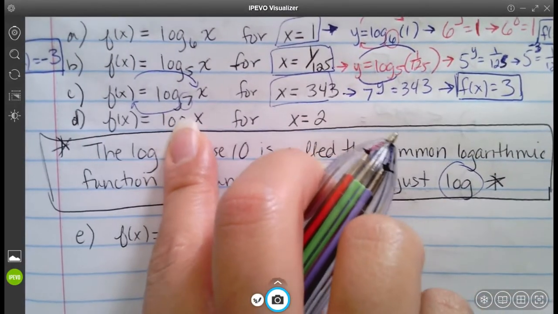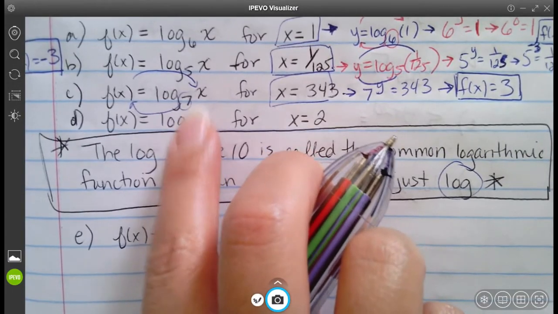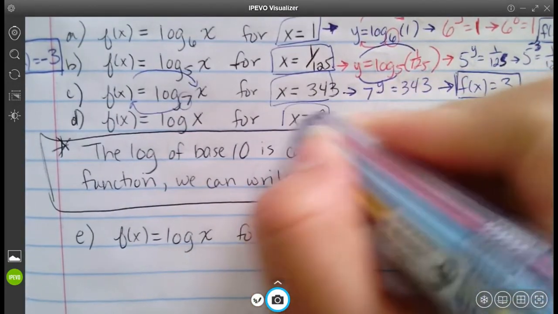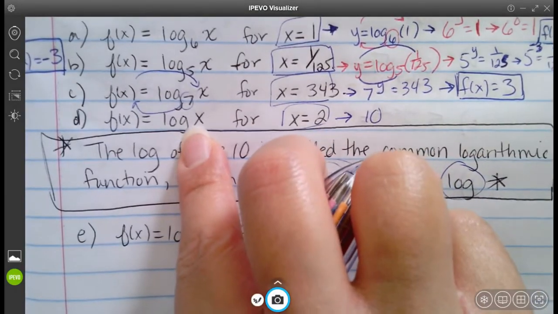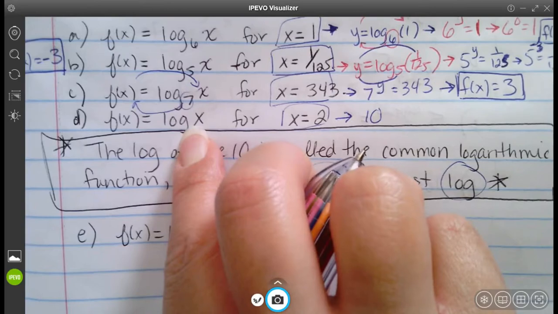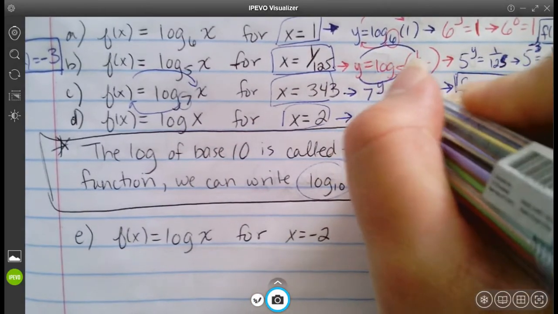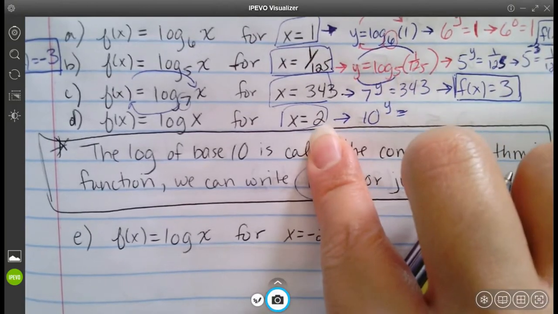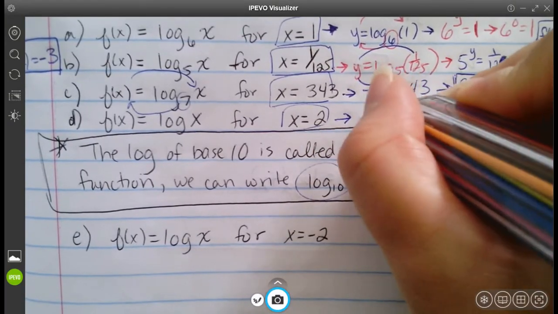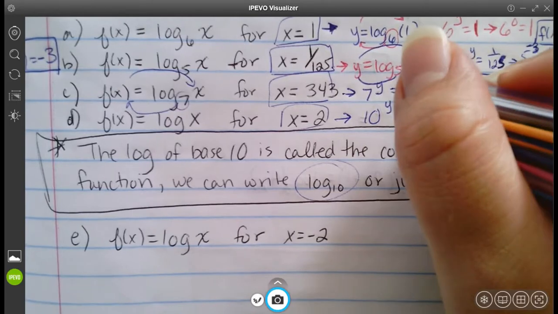So in this case, if we're going to do it by hand, you might want to put the 10 so you know what power we're using. So this would be base 10, because that's the base that we have here that's imaginary, but it's actually there, to the power of y, or f of x, okay, is equal to 2, okay?